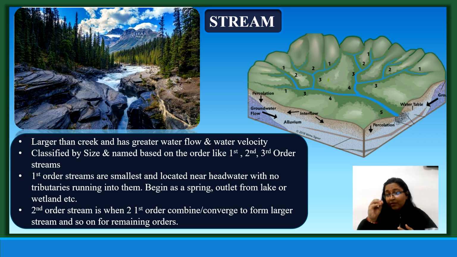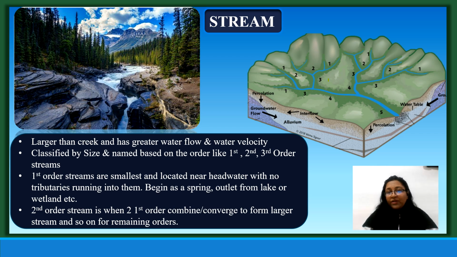And for the streams, there are certain numbers also if you take a look at it. These are numbers like 1, 2, 3, and 4, right? All these are streams, but these streams are of different orders. So there is a set hierarchy for the nomenclature of streams in a watershed, in a common landscape, right?